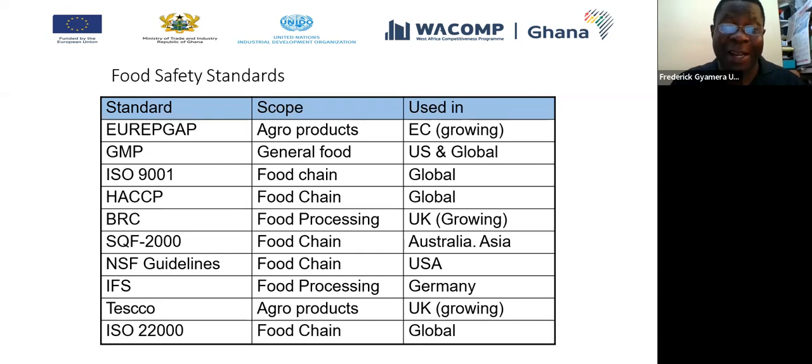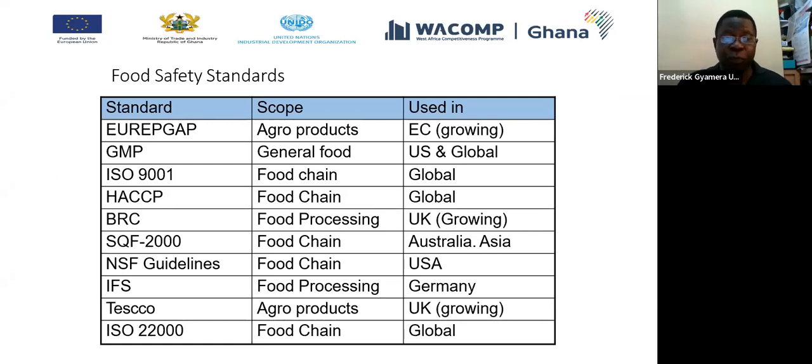The principles are there. If you follow, fine. What is the relationship between you and your workforce? How do you take decisions? Is it based on evidence or hearsay or what I think? It's in the ISO 9000.